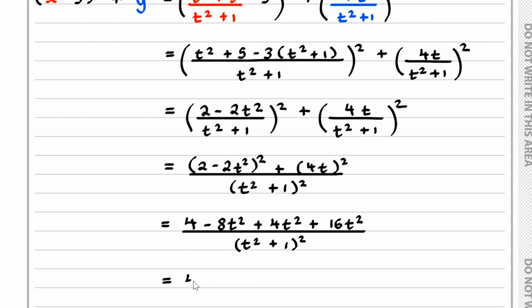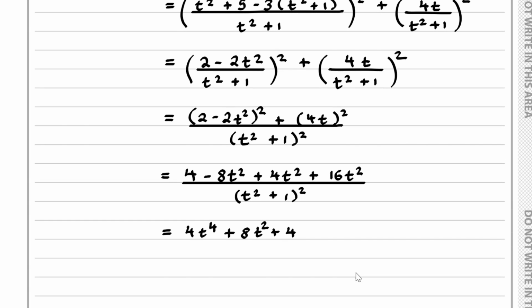So we've got 4t to the power of 4 plus 8t squared plus 4, divided by (t squared plus 1) all squared.